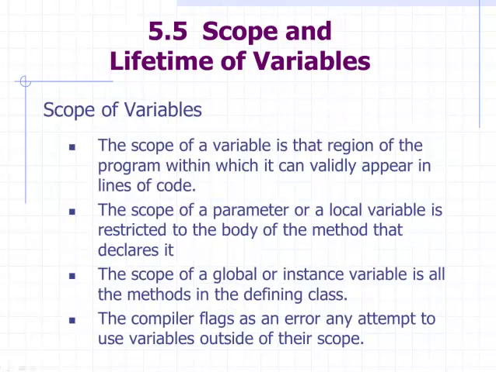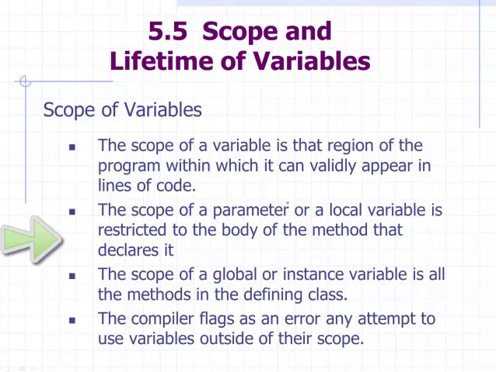So let's define scope more completely. The scope of a variable is that region of the program within which it can validly appear in lines of code. The scope of a parameter or a local variable is restricted to the body of that method. And here's saying something different than we said in our previous video.